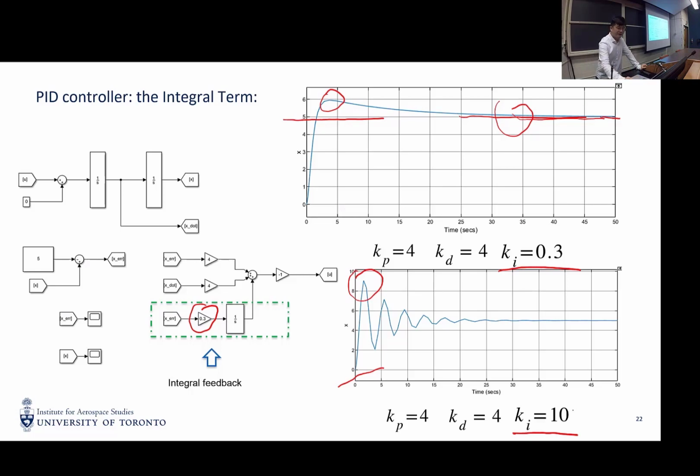So if you find your system is oscillating very aggressively after adding the integral gain, then you should reduce the integral gain by a factor of 10. Good. Any questions about how to tune? Good.